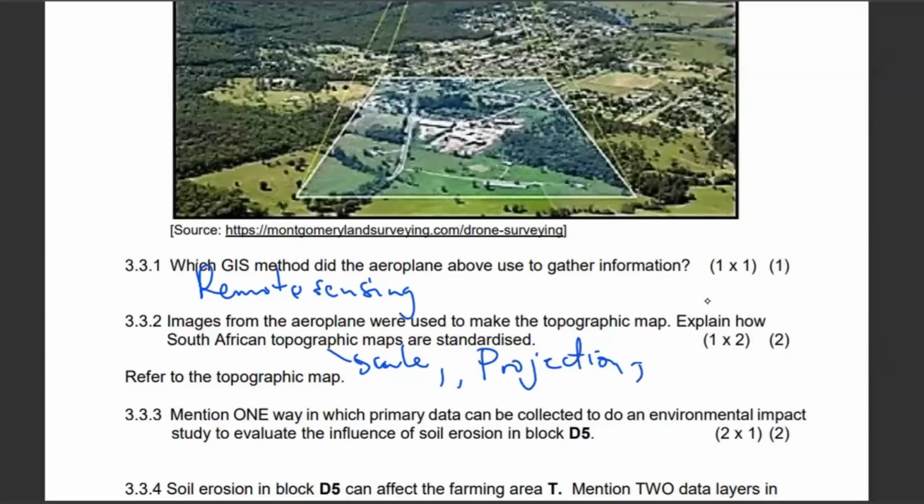Then also we apply the symbols, and also we apply the key. The map symbols and the legend, we apply them so that we are able to standardize the maps and be able to interpret maps the same. We know that if we are reading a topographic map, features in blue represent water bodies.